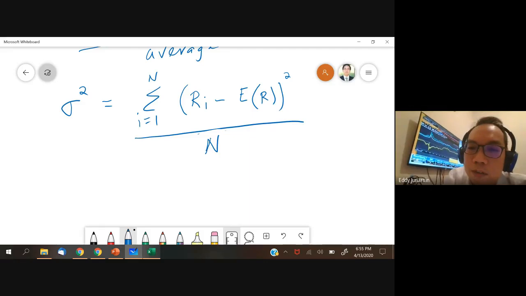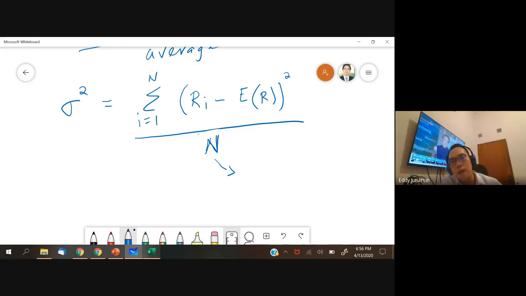But if you divide it by n, this is asymptotically correct. Asymptotically correct means if the number of observations increases, then we'll get a relatively closer number to the unbiased and best measure.